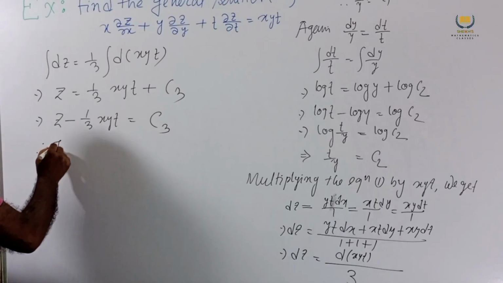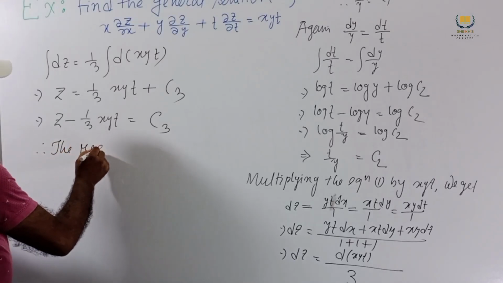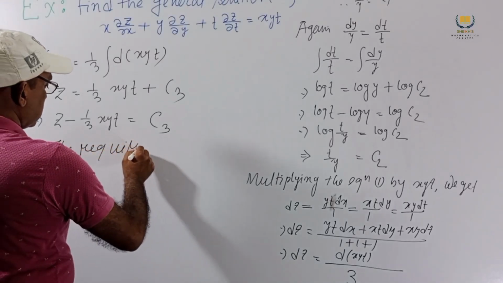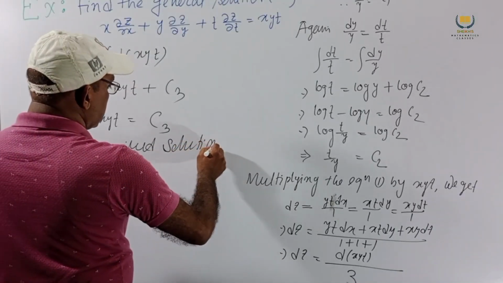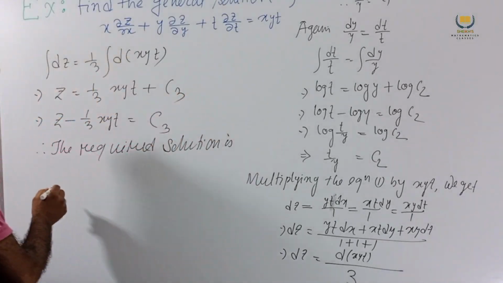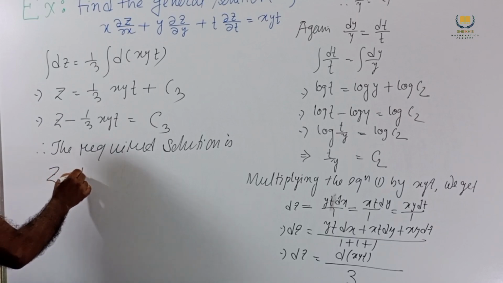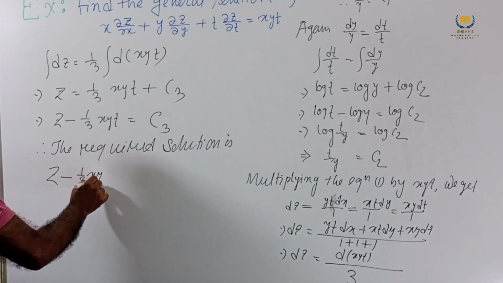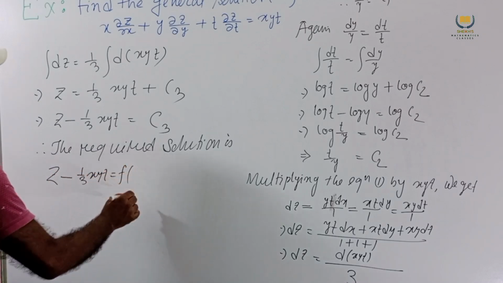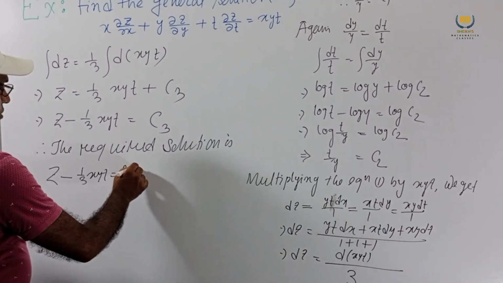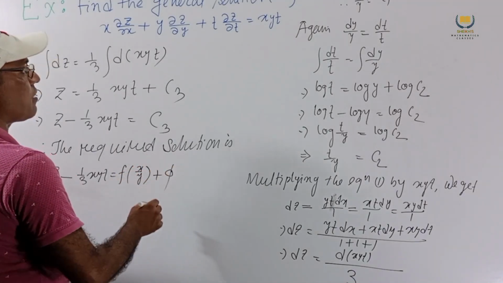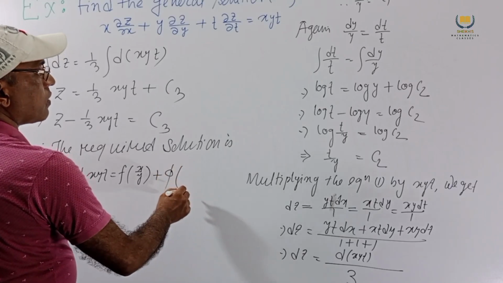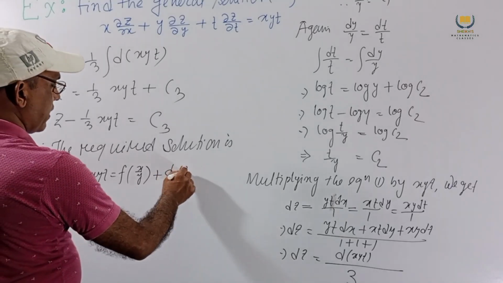Therefore, the required solution is z minus 1 by 3 xyt equal to f of x by y plus phi of t by y.